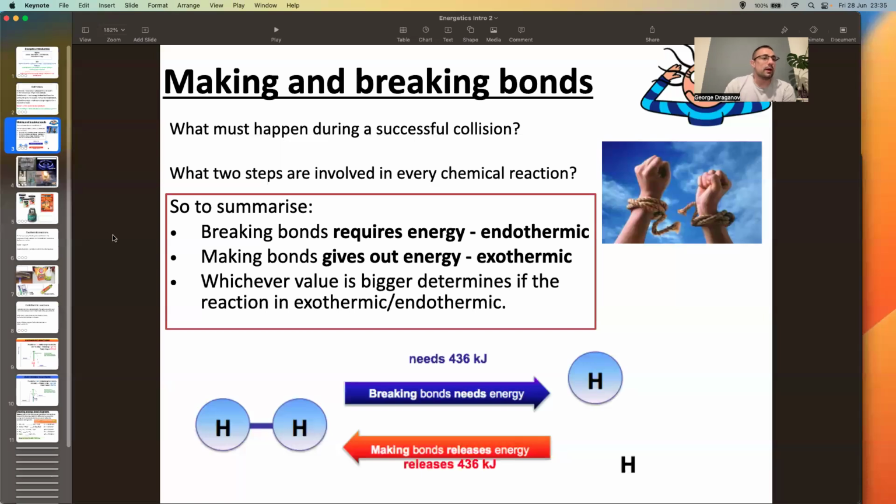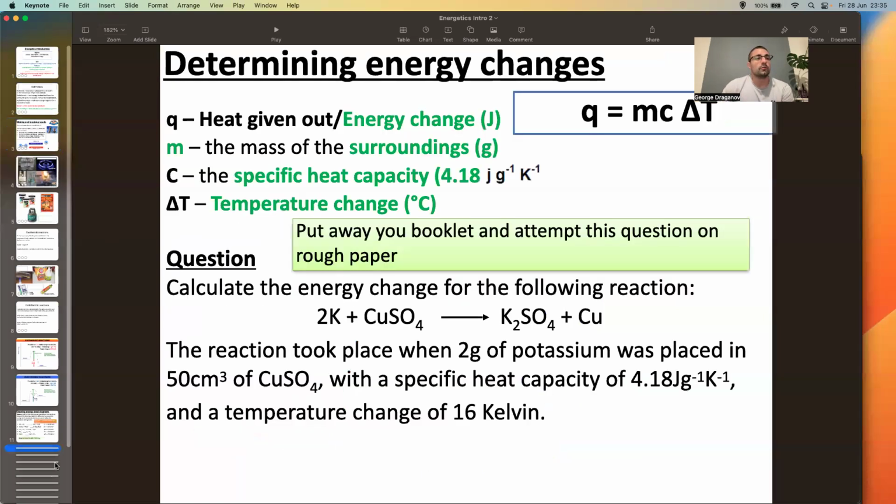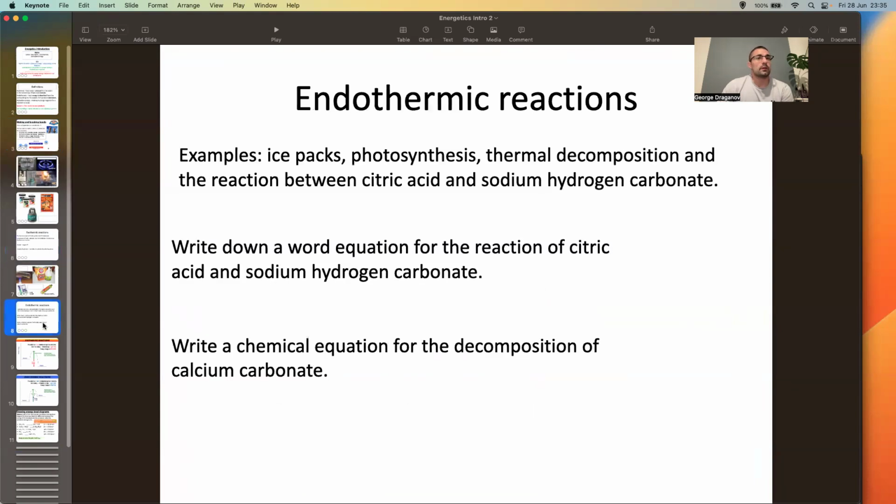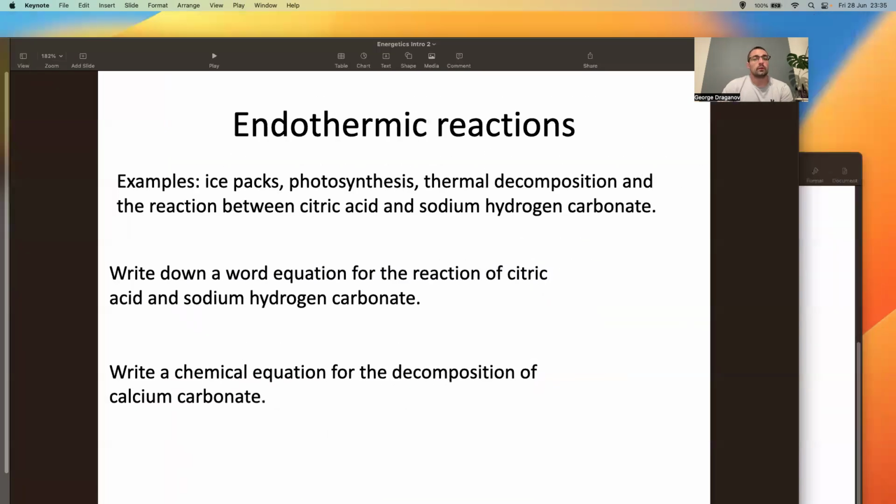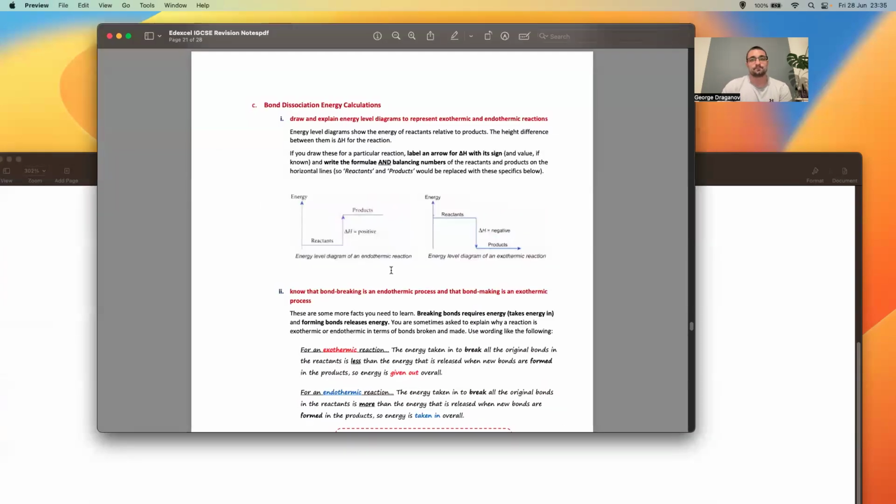Now, if we expand on those two definitions for exo and endothermic, I will get you the official definition for this. This is the higher tier aspect of this.